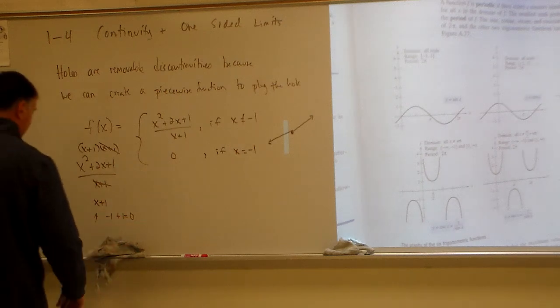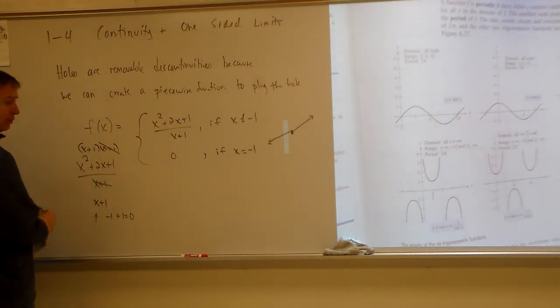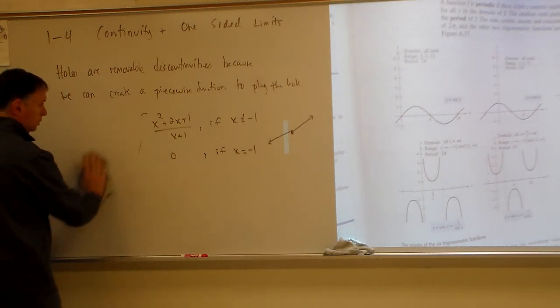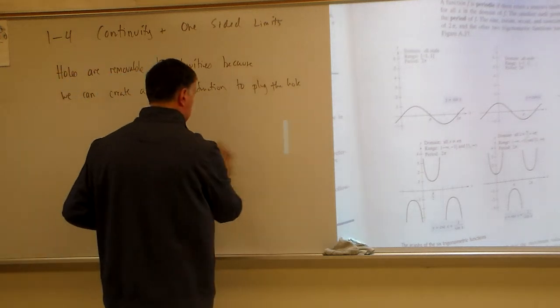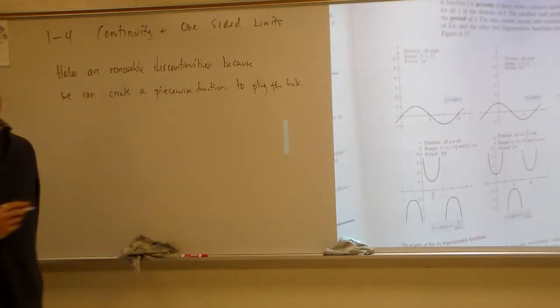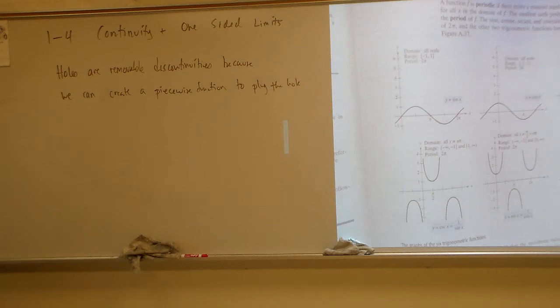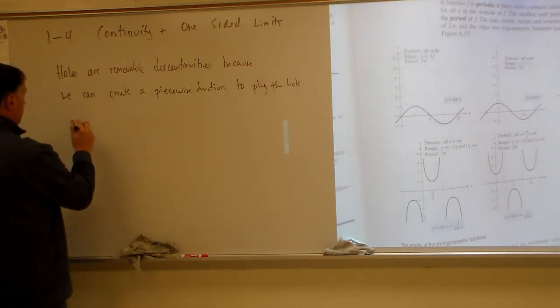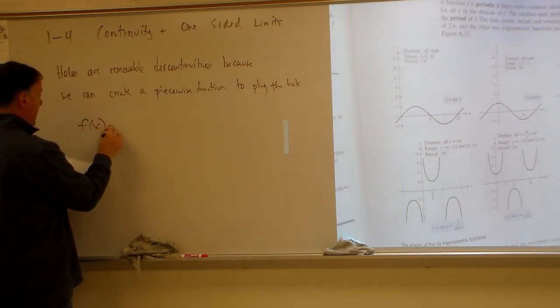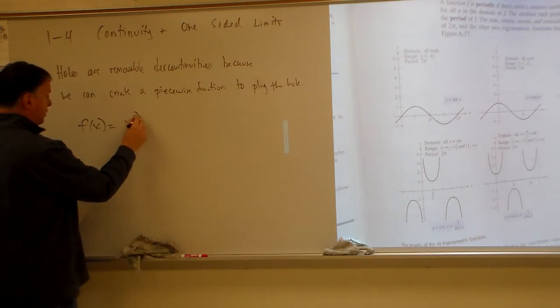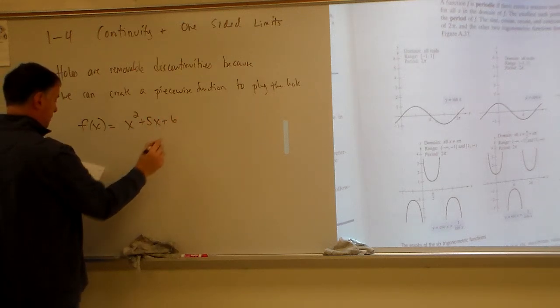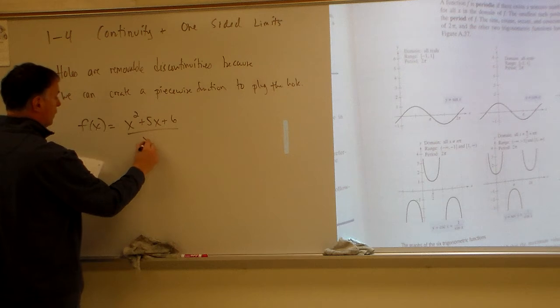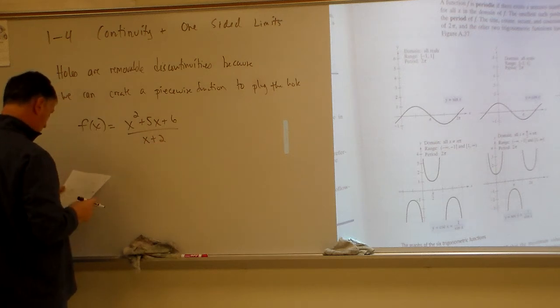Let me give you another example. Pause it if you have to. So let's say I had f of x equals x squared plus 5x plus 6 all over x plus 2.